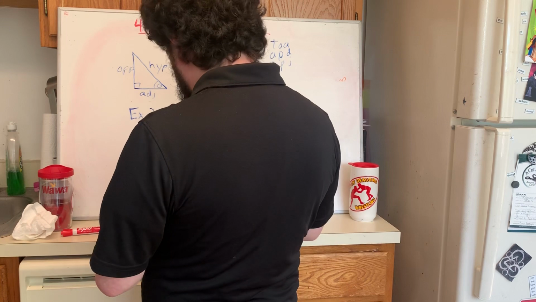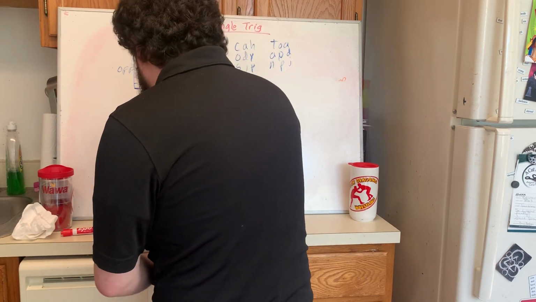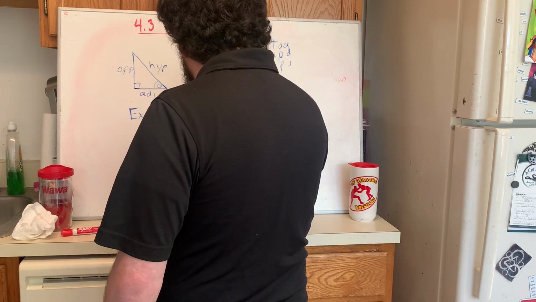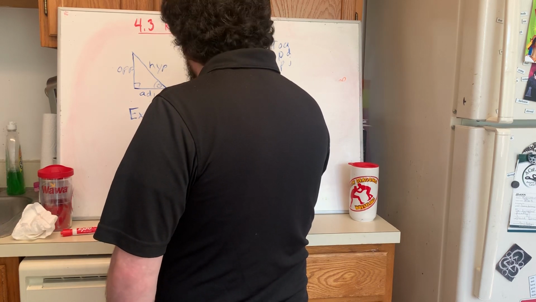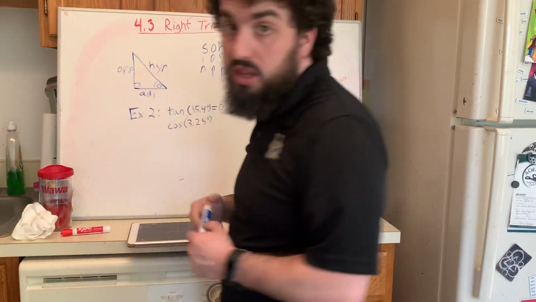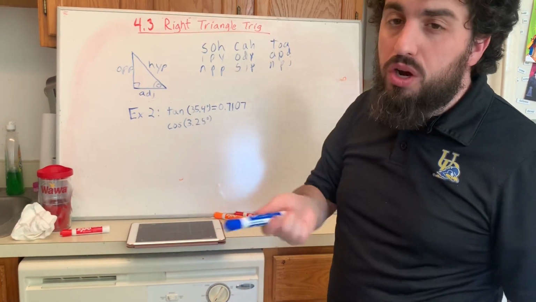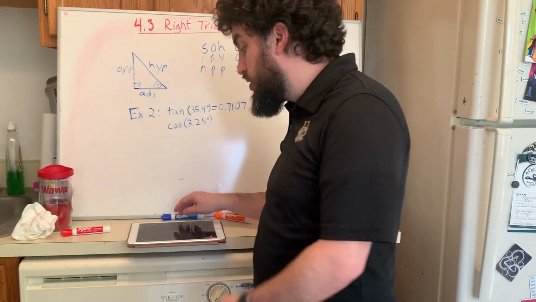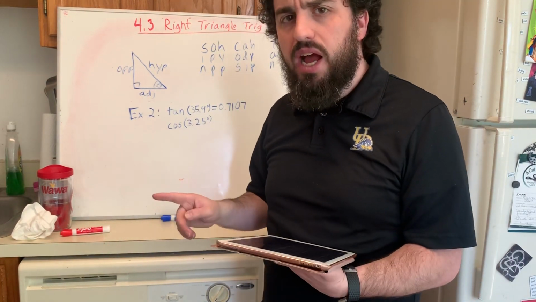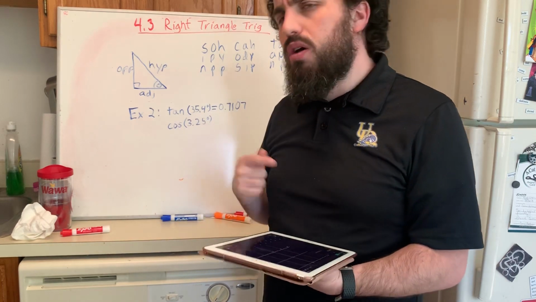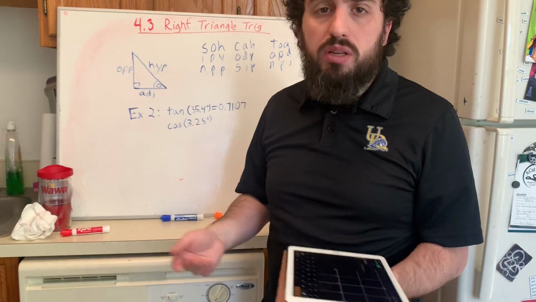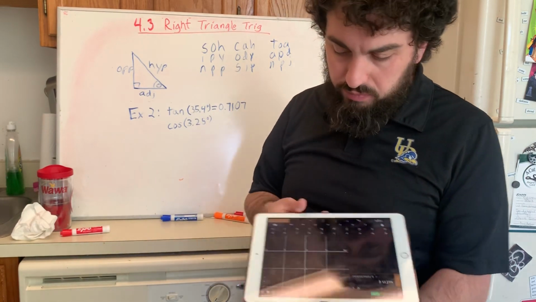So let's just copy that down. So that's equal to 0.7107. If you get something else when doing this, most likely is either you typed in the wrong trig function, which I'm doubting that. Most likely you're in radian mode where you're supposed to be in degree mode, so just go in the settings and check that.